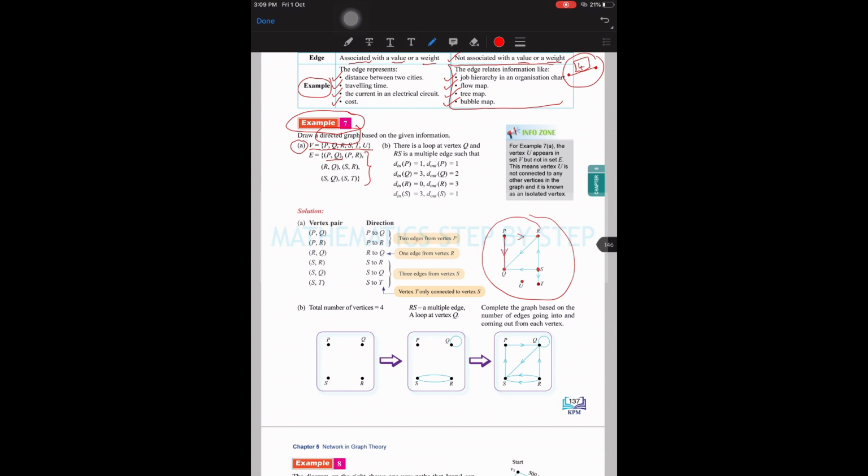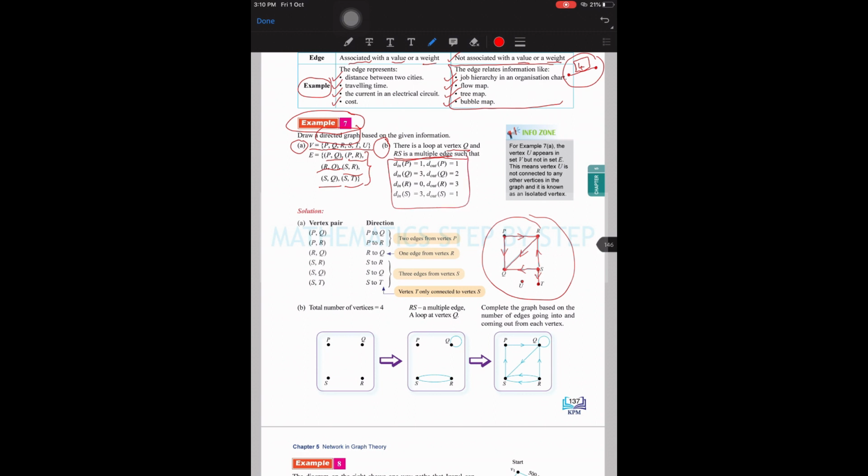Then P to R, R to Q, S to R, S to Q, then S to T. Then B, there's a loop at vertex Q and RS is a multiple edge. So this is the information given.